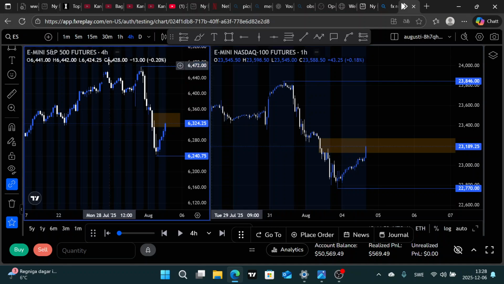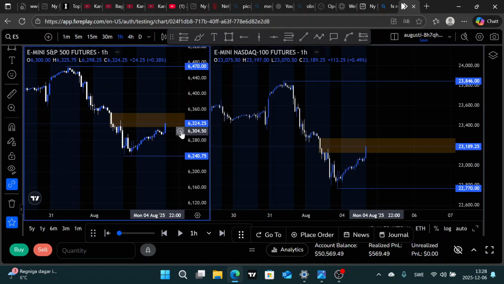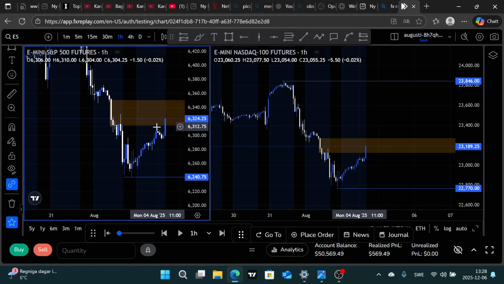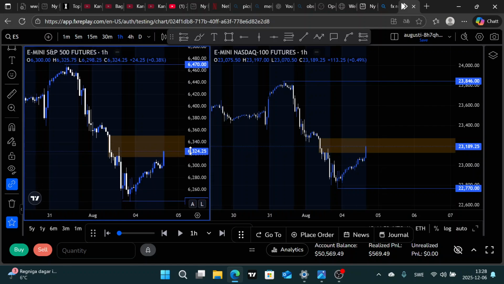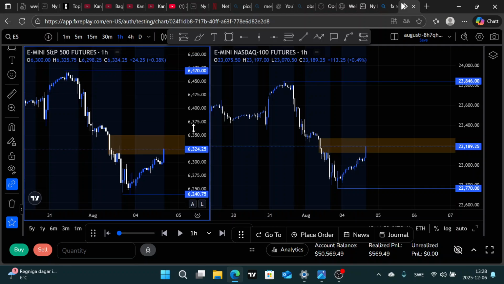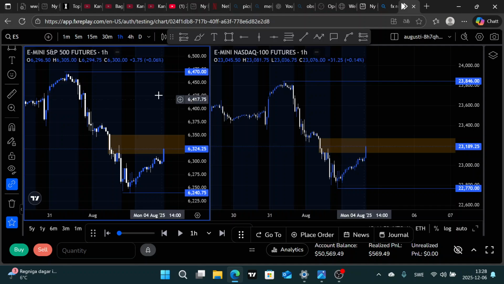And we also look for SMT. I should have looked for SMT in 4-hour, but you can also search for SMT in a lower time frame.